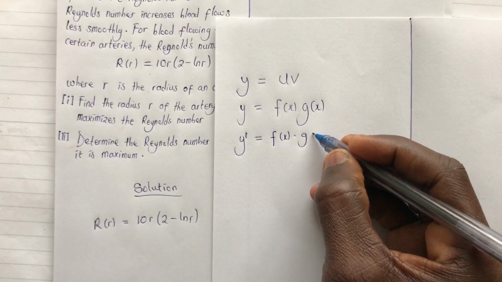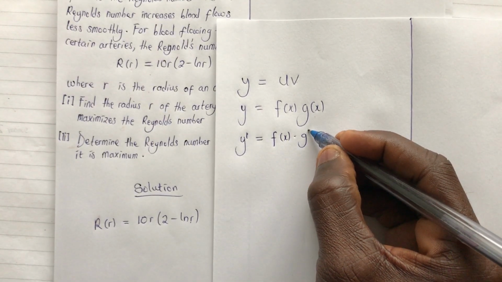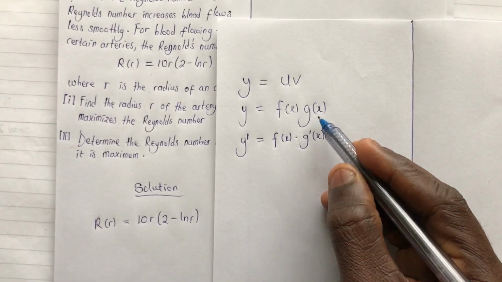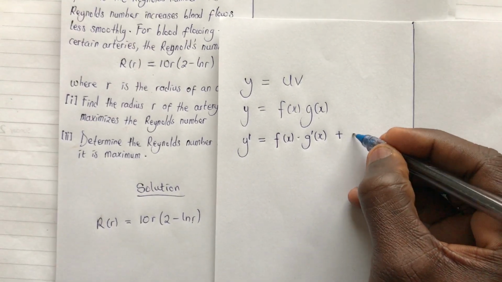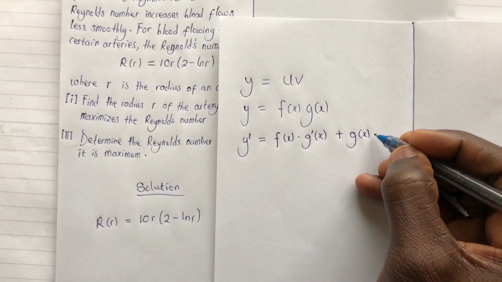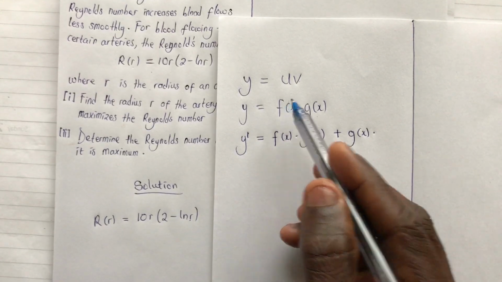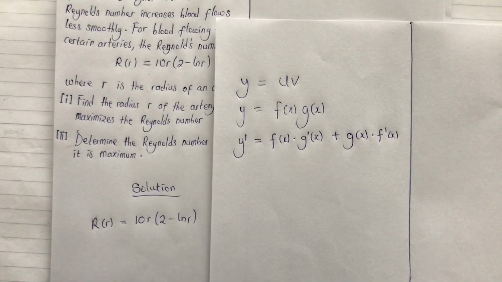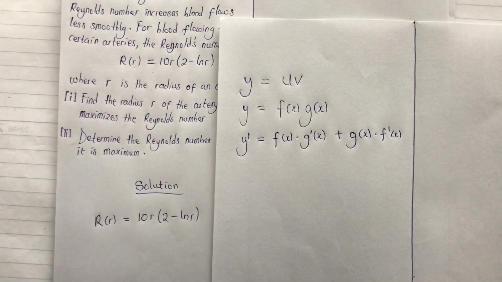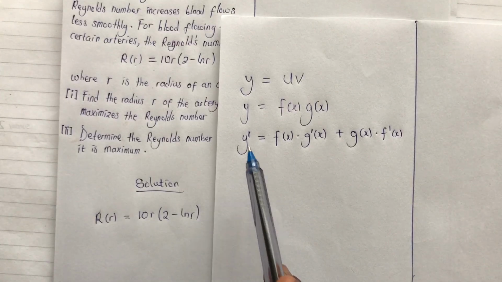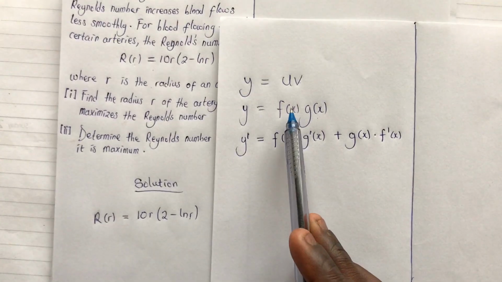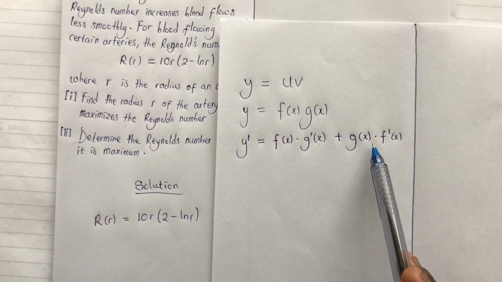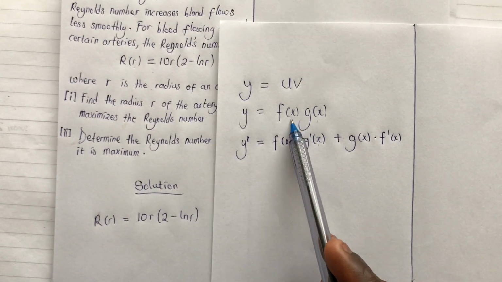So differential of the second function will give me g'(x), plus, now pick up your second function, which is g(x), and multiply by the differential of the first function. So f'(x). Now this means that I have applied product rule. So product rule says that derivative of y equals maintain the first function, differentiate the second function, plus maintain the second function, differentiate the first function.